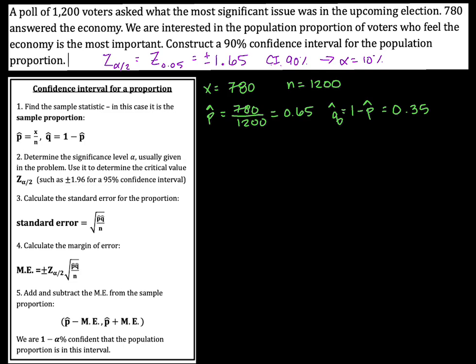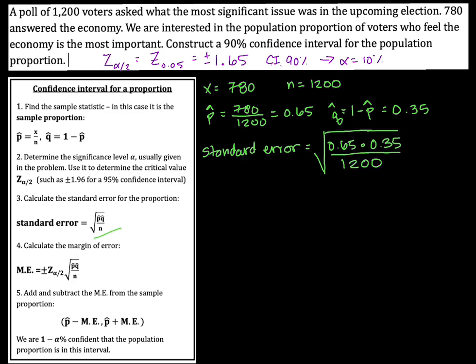All right, so to calculate the standard error, looking at this formula right here, is the square root of 0.65 times 0.35 over 1200.